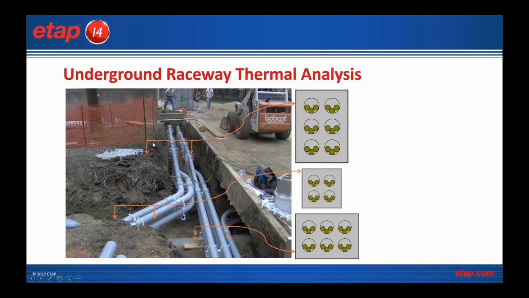So it's important to understand where the cross sections are to be placed, and if you have a long raceway, you may need to take multiple cross sections, especially if the configuration is different, such as in this case, or the elevation is different.